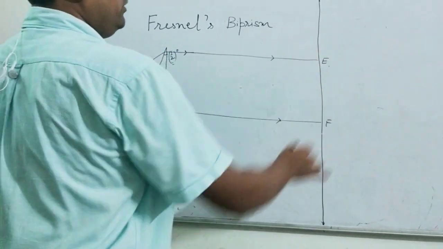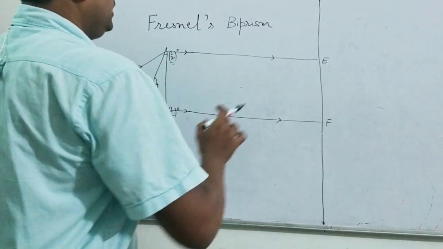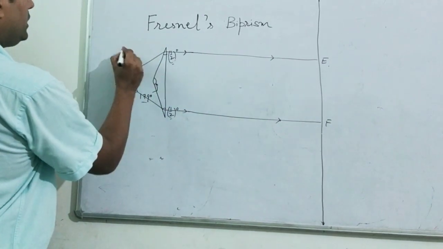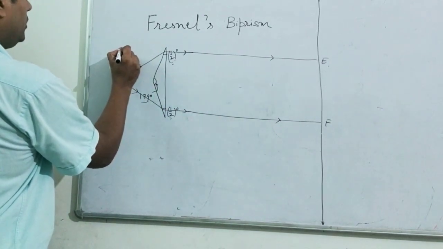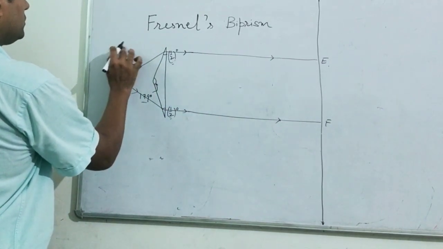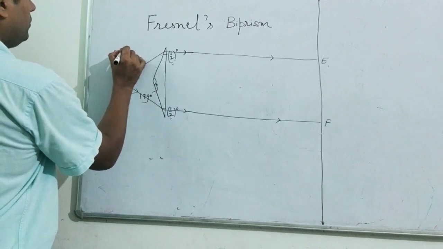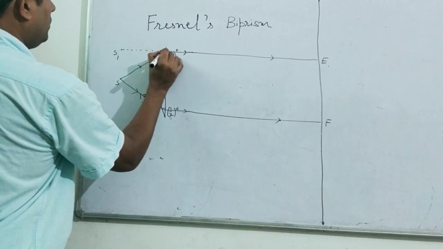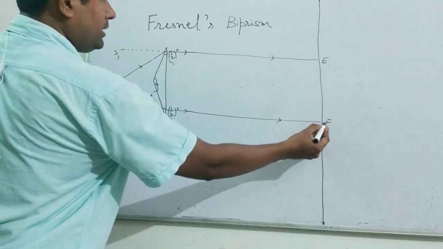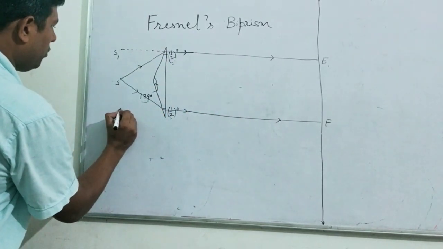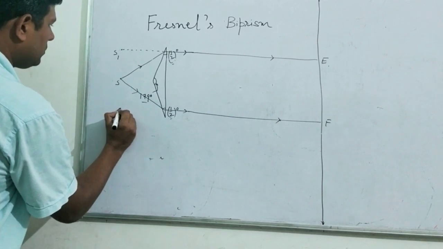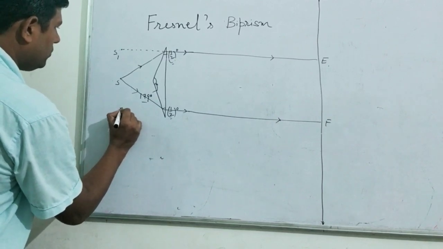When we see with a telescope, this ray will appear to come from a point source S1, and this ray will appear to come from point source S2.